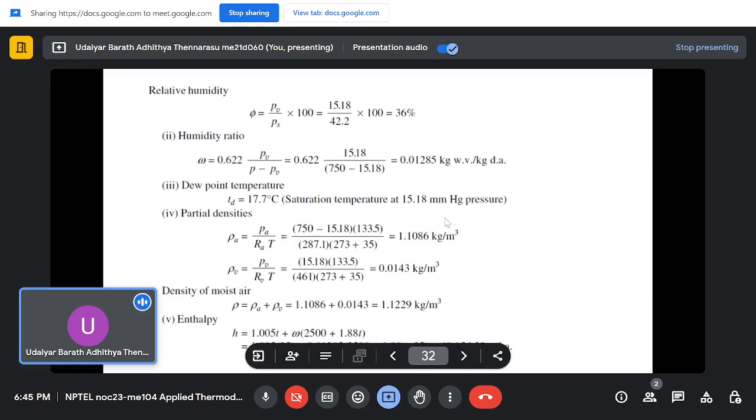This is the density of air. Similarly, for water vapor it is 0.0143 kg per meter cube. So now the density of moist air is rho A plus rho V. It will come out to be 1.1229 kg per meter cube.